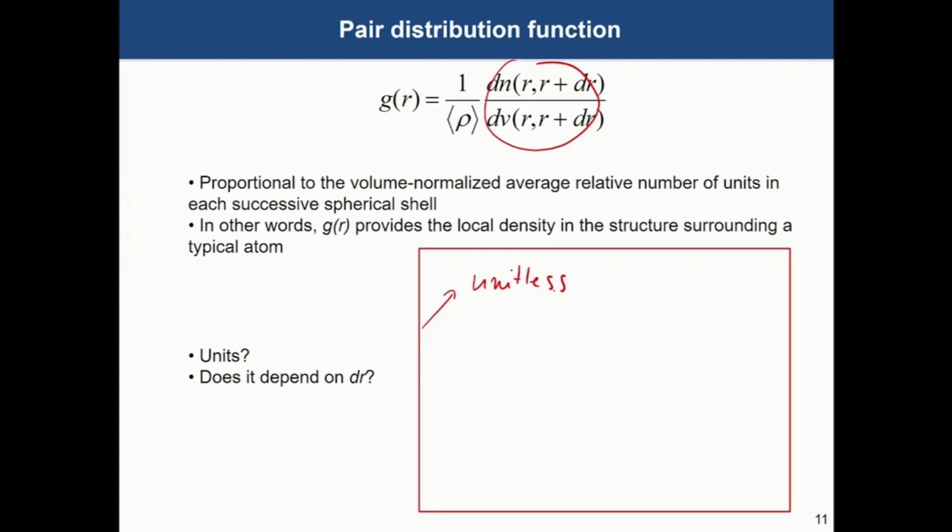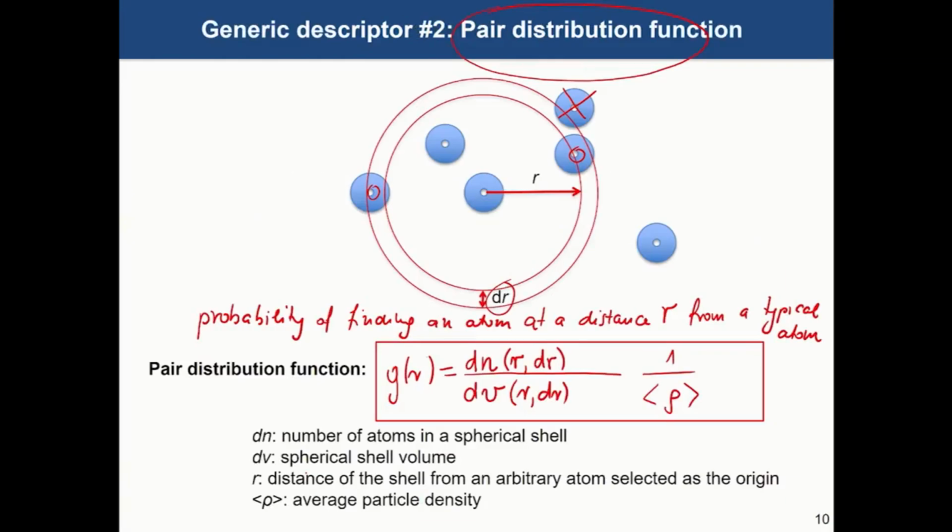Another question that I can ask you is, does it depend on the thickness of that shell? So the way I define this, right? I just told you that this is the definition. I'm drawing this circle and I'm making a shell that has a certain thickness, dr. And I can ask you a question. If I have the same material and if I define the thickness of that shell in a different way, would the function look exactly the same or would it change?